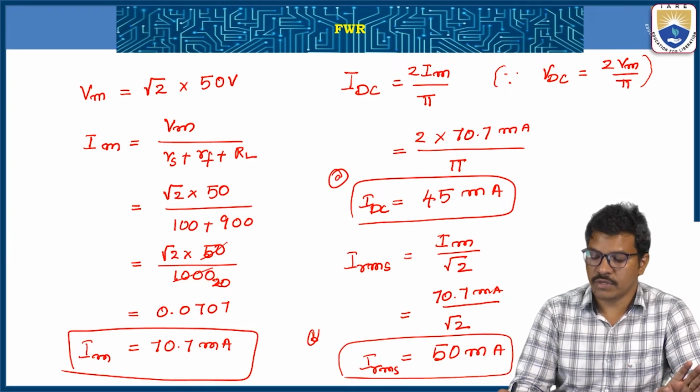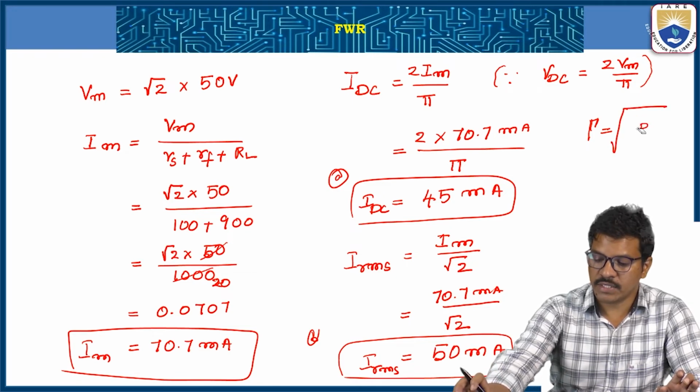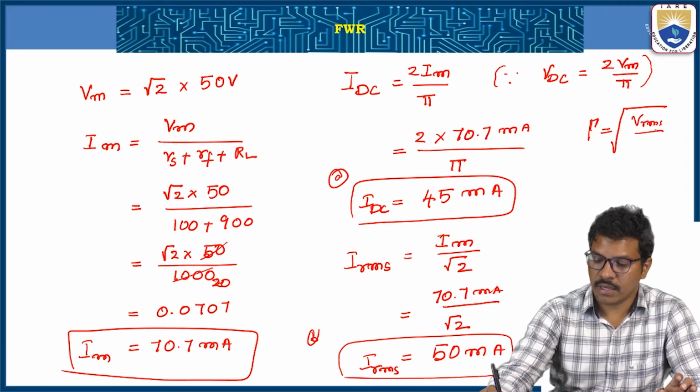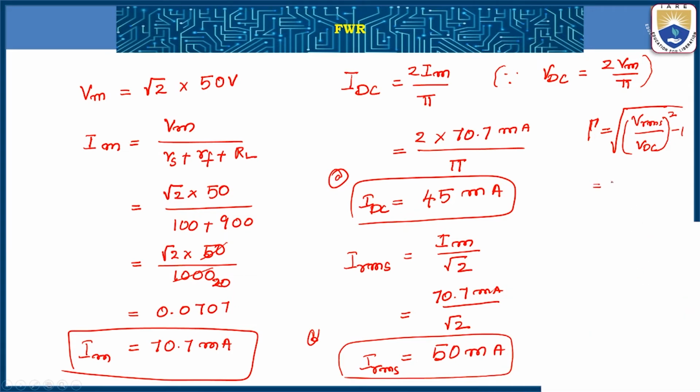If you wish to find the ripple factor, you can substitute into the formula: square root of (VRMS by VDC) whole square minus 1, or (IRMS by IDC) whole square minus 1.